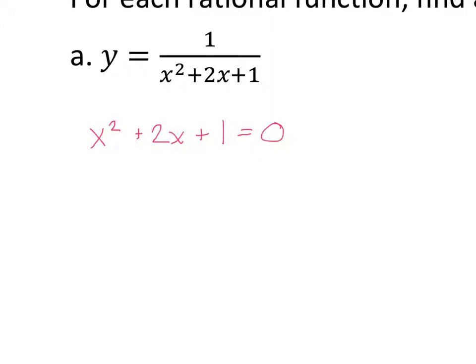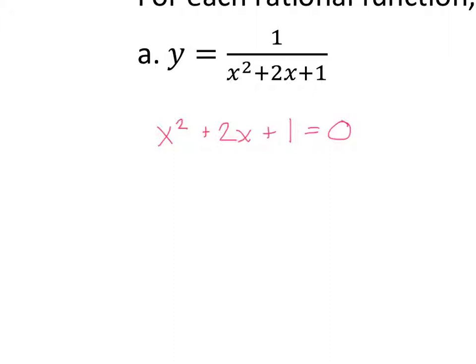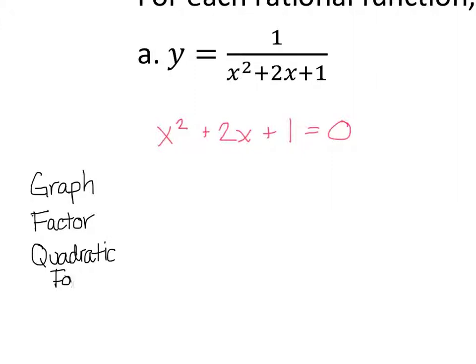Our methods of doing this: graphing, so you find the zeros, you can factor it, you can use the quadratic formula, and the other one is complete the square, but I think everybody blocked that out of their heads.